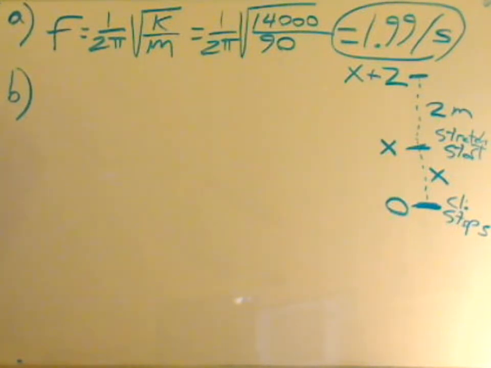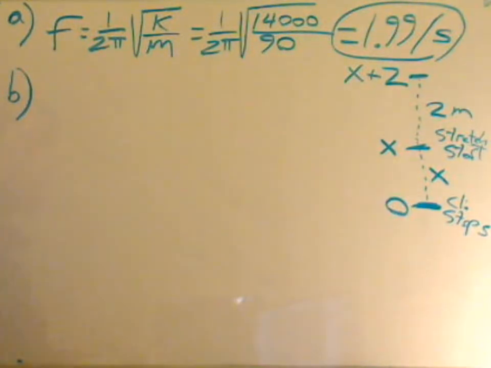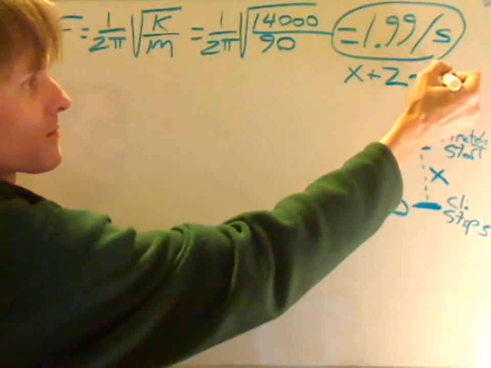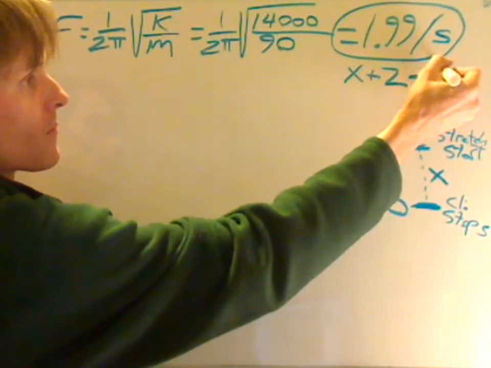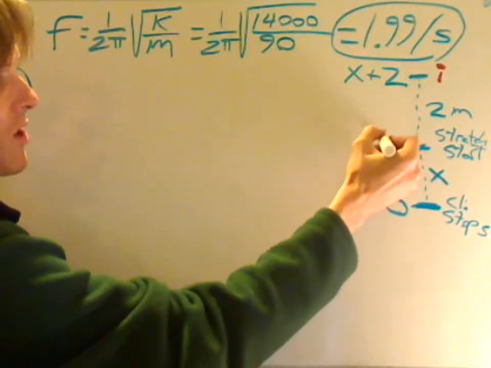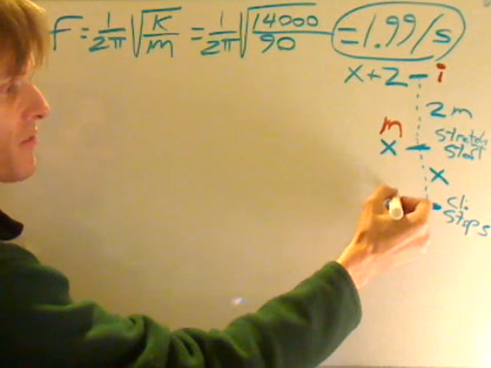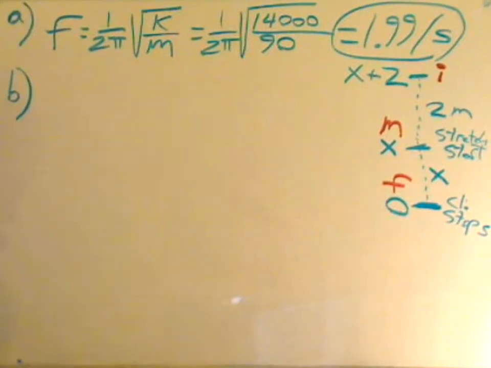Now, this is basically a conservation of energy situation. Okay? The energy at this initial situation here, so we'll call this the initial situation, is equal to the energy at this middle situation, which is equal to the energy at the final situation, which is when the climber finally stops.